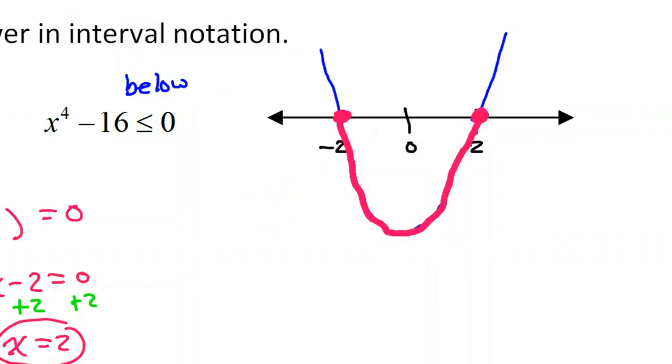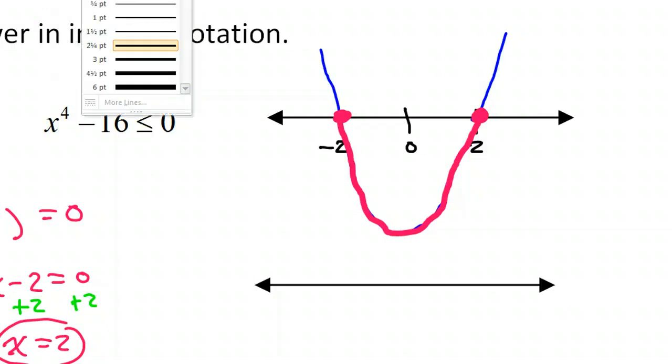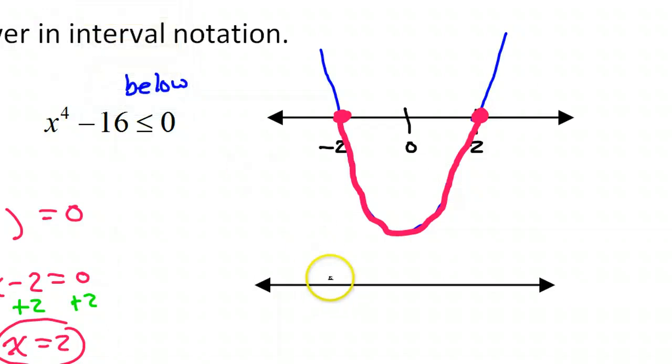Okay, so if I were to graph these solutions just on a number line, here's what that would look like. There's my -2 and my 0 and my +2. Now on a number line, I'm just showing the x values of these pink solutions here. So the solutions begin at -2, they end at +2, and everywhere in between we have solutions.